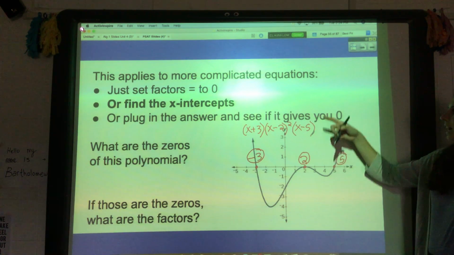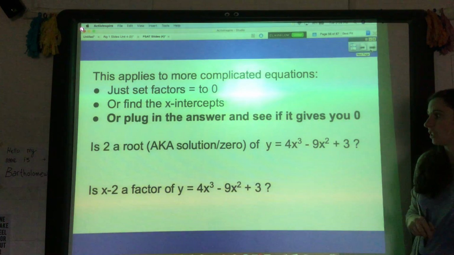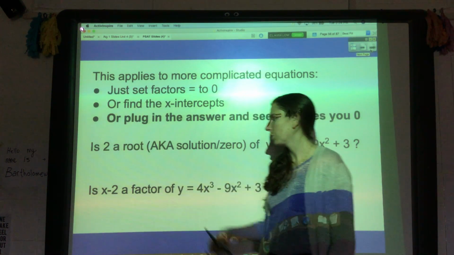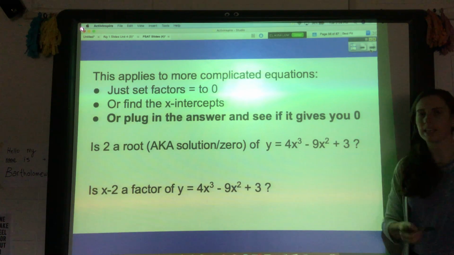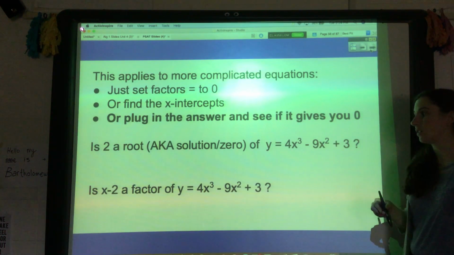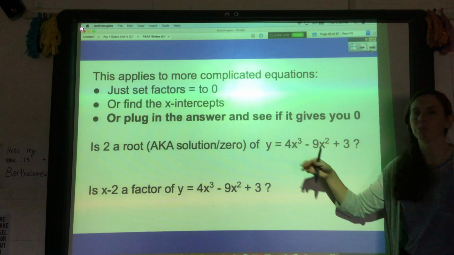The last option you have is plug in the answer and see if it gives you 0. So like if you want to know, is 2 a root, aka solution 0, of this crazy equation here, all you have to do is plug in 2, see if you get out 0. That's what it means to be a root or a solution. Do you get out 0?